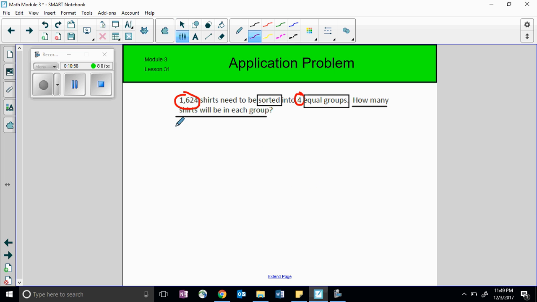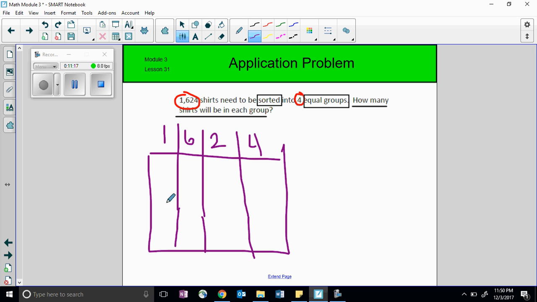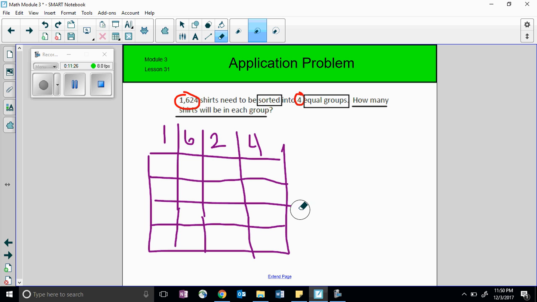A good way to explain it to a friend would be to say, hey, I'm going to choose to do 1, 6, 2, 4 into 4 equal groups. I am so sorry my lines look awful. But you know what? Better awful lines and a better education than straight lines and you guys wondering why Miss Kohler is continuing to draw lines all the time.